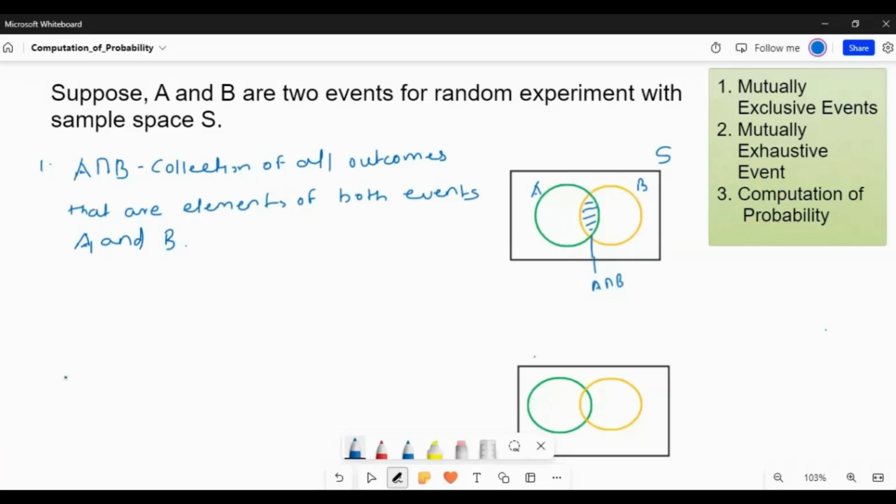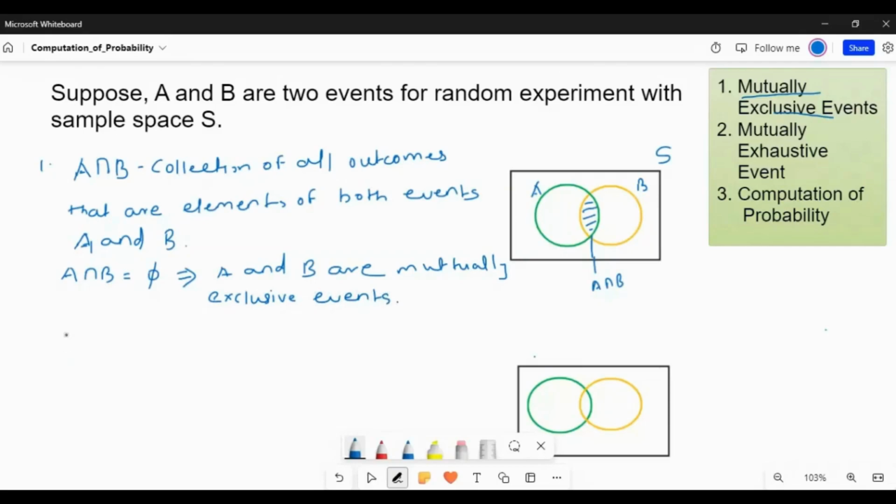So suppose A intersection B for any events has no element between them. Then we can say A and B are mutually exclusive events.